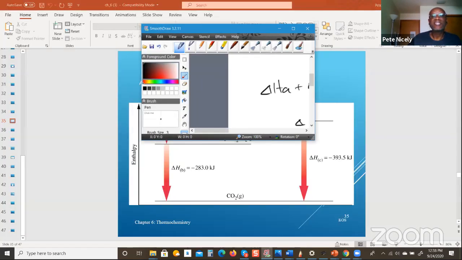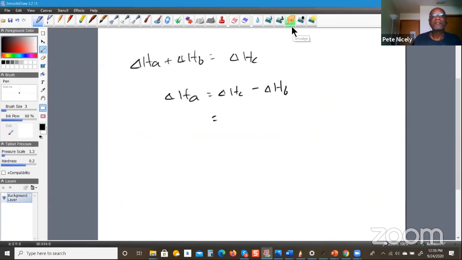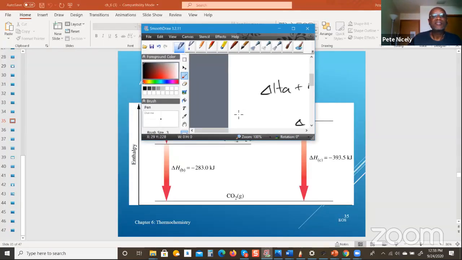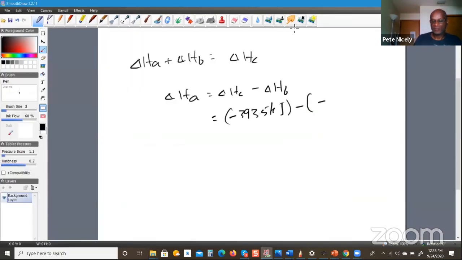So for delta HC, that is minus 393.5 kilojoules, minus, for delta HB, that is minus 283.0, minus 283.0 kilojoules. And then we do the math.